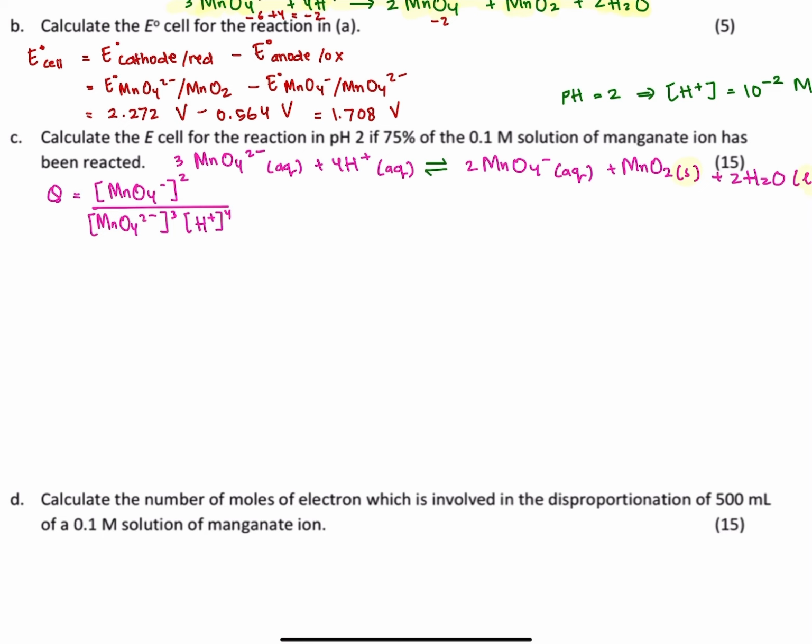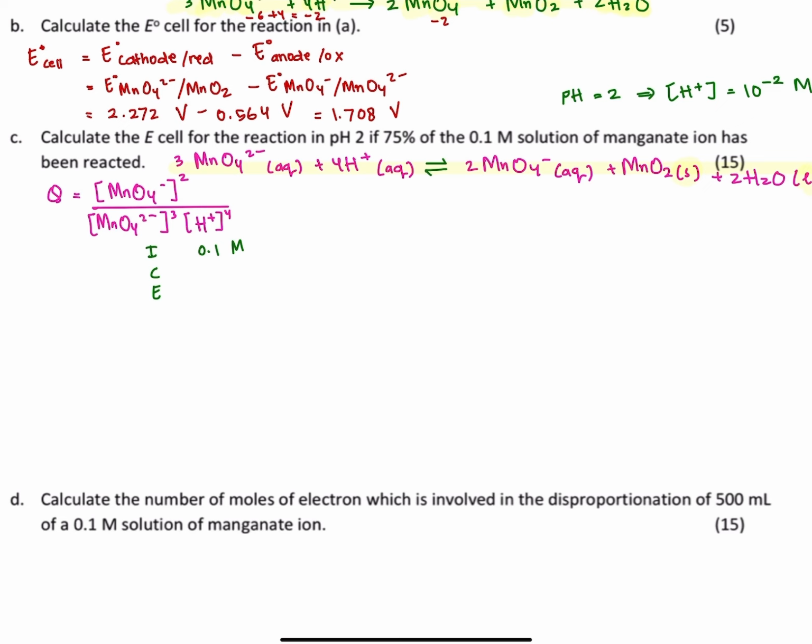If I'm writing the ICE table based on this reaction. So at initial, we have a 0.1 molar solution of the manganese ion. I'm going to write here. And then 75% of this has been reacted.